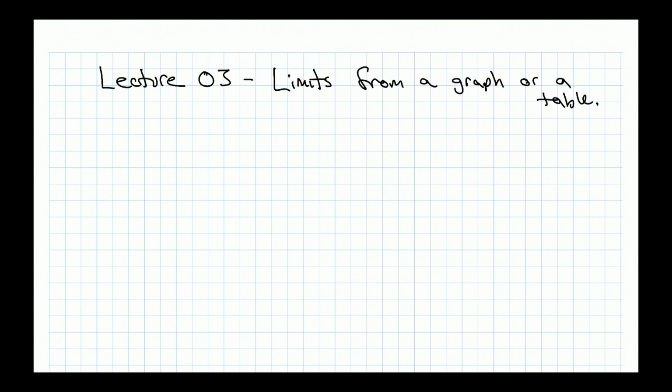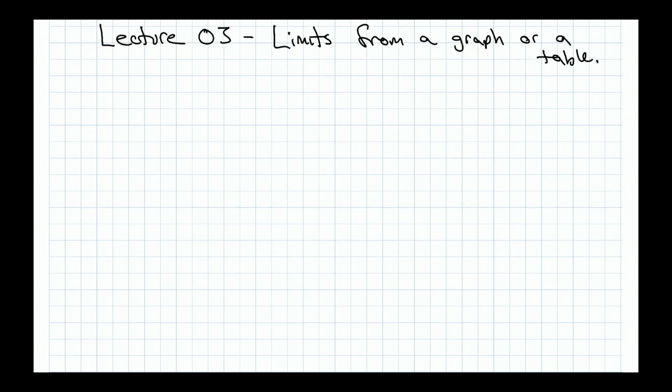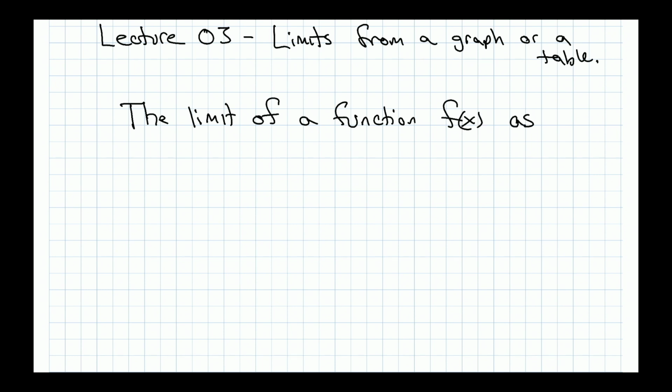All right. Now, what is a limit? I guess that's the first thing we need to talk about, right? So here's the idea of a limit, and the notation. The limit of a function f of x as x approaches a is written this way.